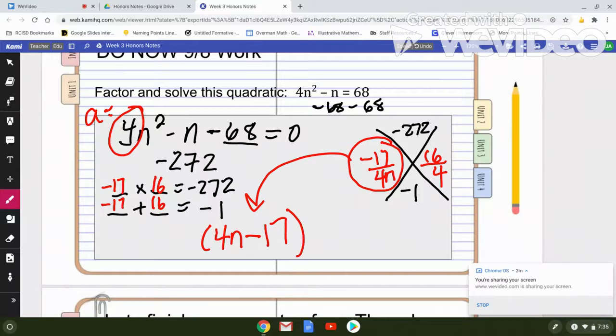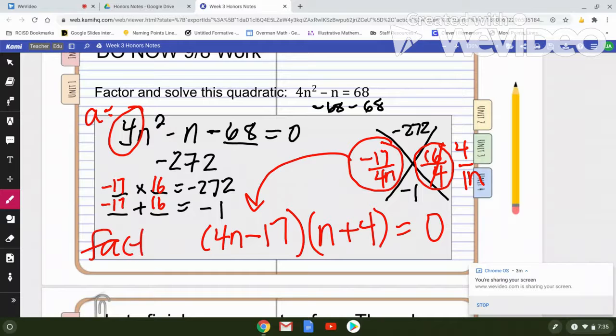That's our first factor. This fraction over here does reduce. This is actually going to reduce to 4 over 1. So after it reduces, we use the reduced version so that the bottom number gets the n. So that's 1n plus 4 equals 0. This is called factored form.